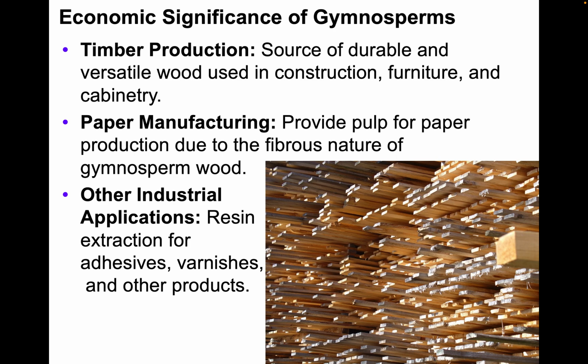Paper manufacturing is definitely a huge source of the ground up wood pulp that will be reconstituted as paper. Plenty of other things are extracted from these trees. Often the pulp, the wood, is destined for the timber or the paper industry, and then other things can be extracted from the parts of the tree that do not get used in lumber and paper manufacturing, extracting different resins, usually from the sap portion that doesn't go into the above mentioned products.